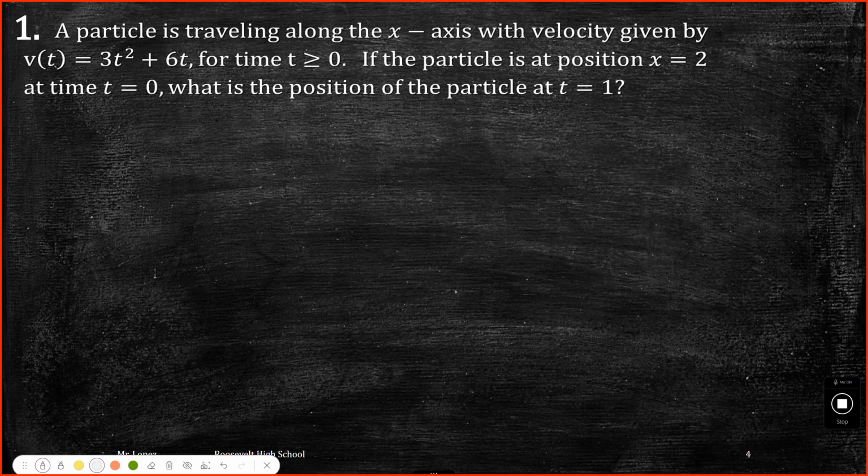So I'll write down the second formula again. The formula says something like S of B will equal S of A plus the integral from A to B of V of t dt.